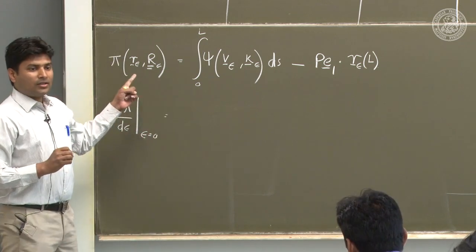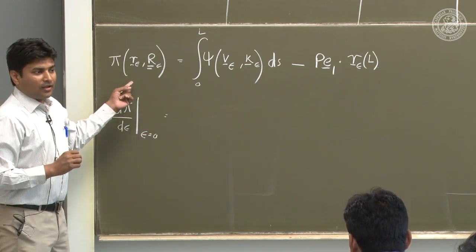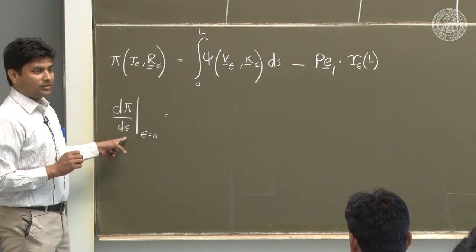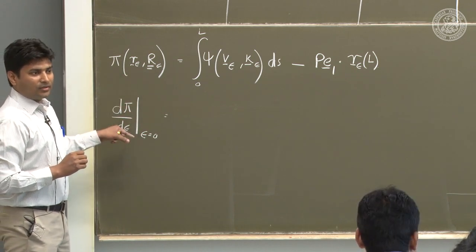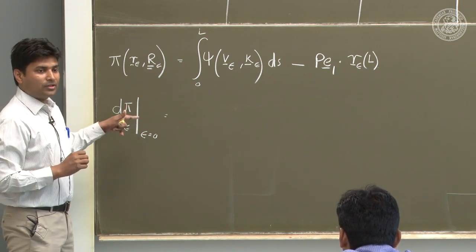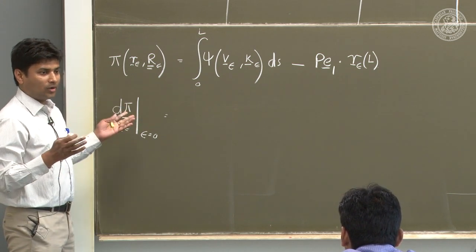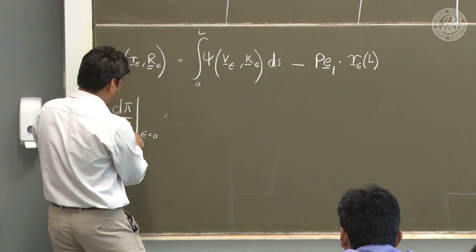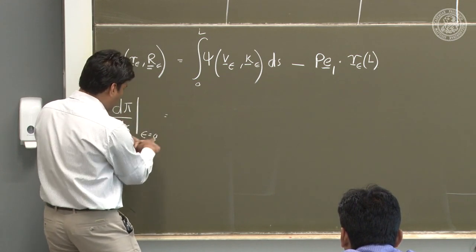You know, this epsilon thing is really nice. It converts your variation into simple differentiation, and simple differentiation is something that we all know how to work out. Anyways, so this is the first variation, d pi over d epsilon at epsilon equal to 0.